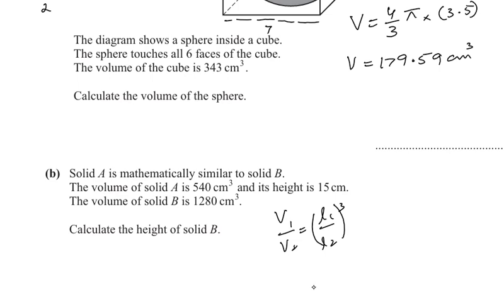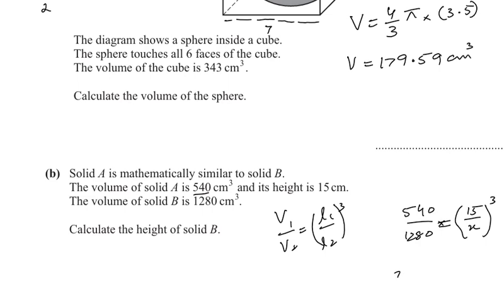So using the given values in this formula, V1 is 540, so 540 divided by the other volume, which is 1280, equals L1 over L2 whole cube. Length 1 is given to be 15 and length 2 we need to find, which is x, and whole cube.